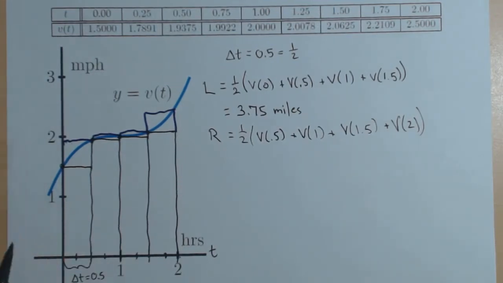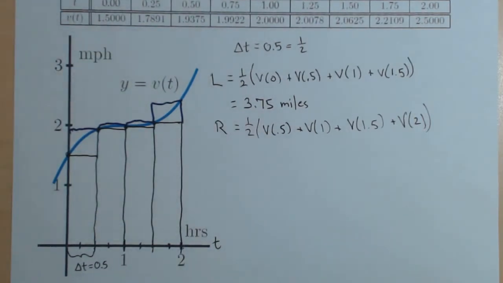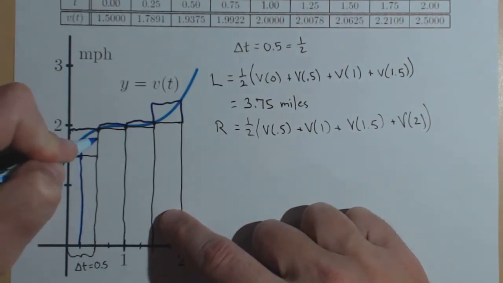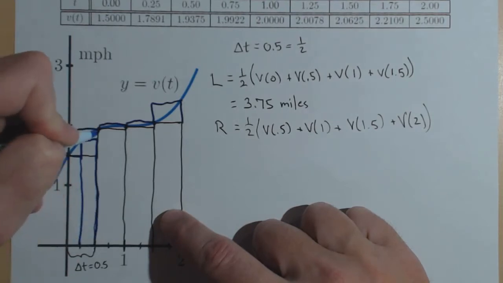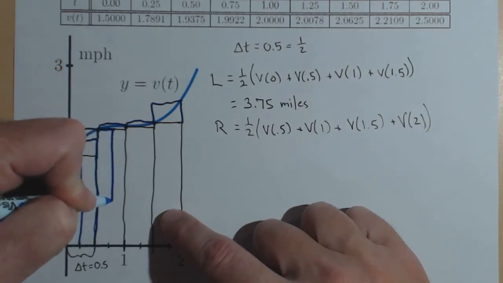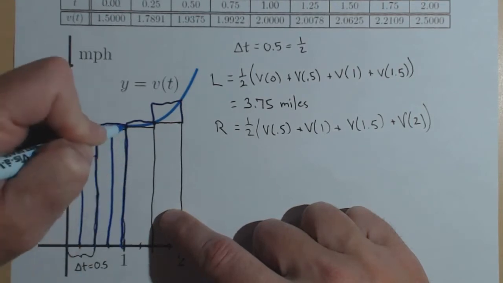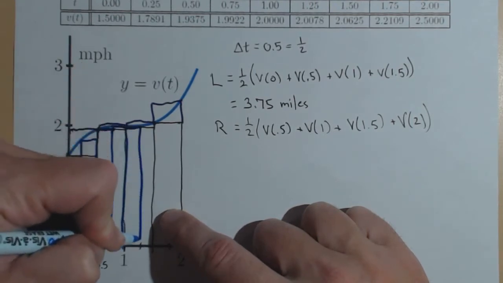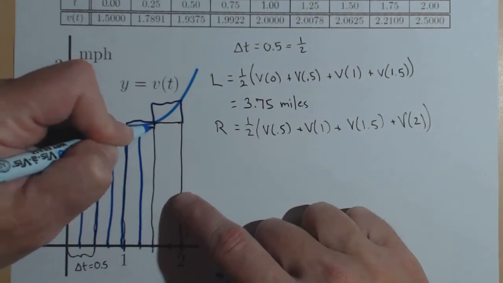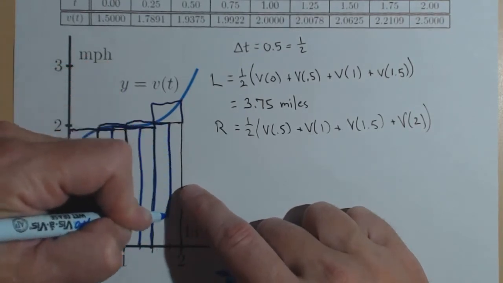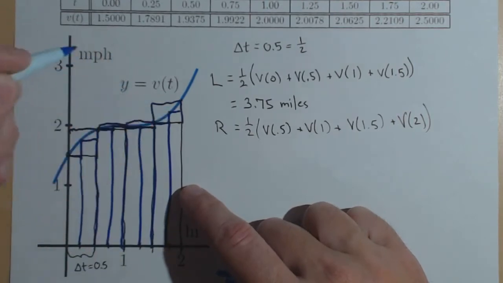If we were to make our rectangles with this new one, and I'm going to do right hand again, but now in blue, I am going to get a little bit better estimate of my area because it can account for more of the curvature.